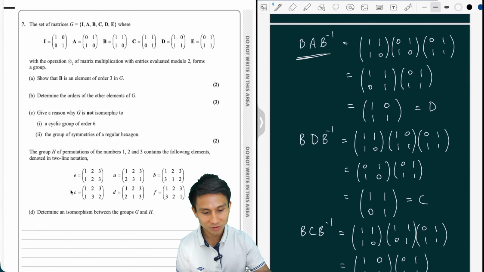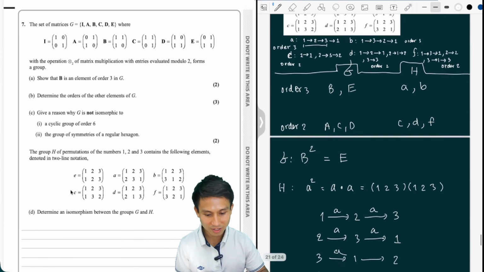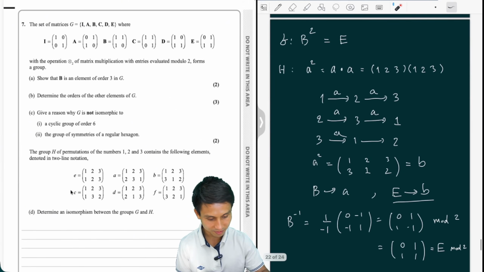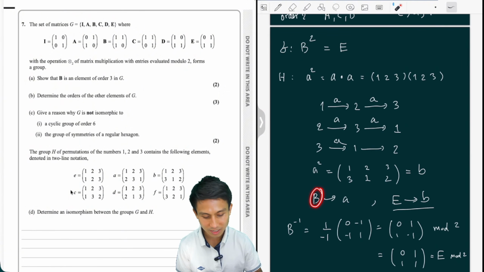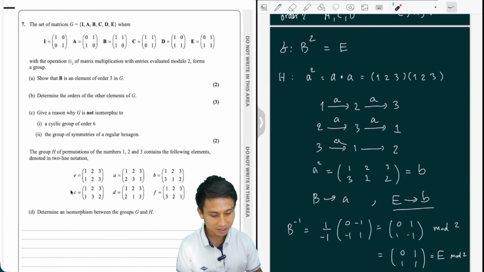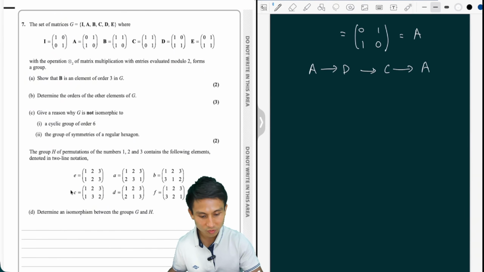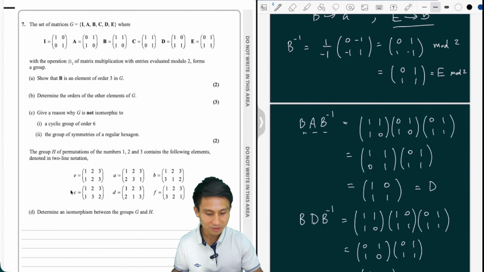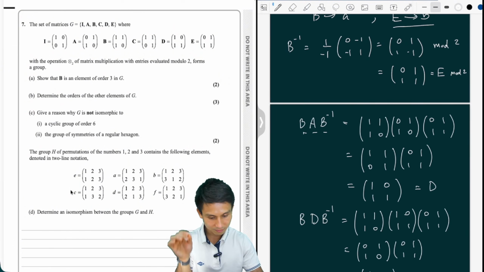Let's take this one. So B, A, B minus 1. Because matrix B is already mapped to permutation A, and E is already mapped to permutation B. That means B, A, B minus 1 here is going to be permutation A times something times permutation A inverse.